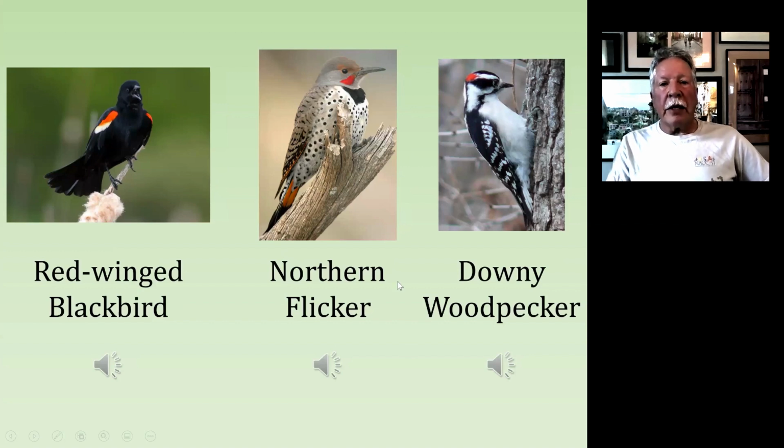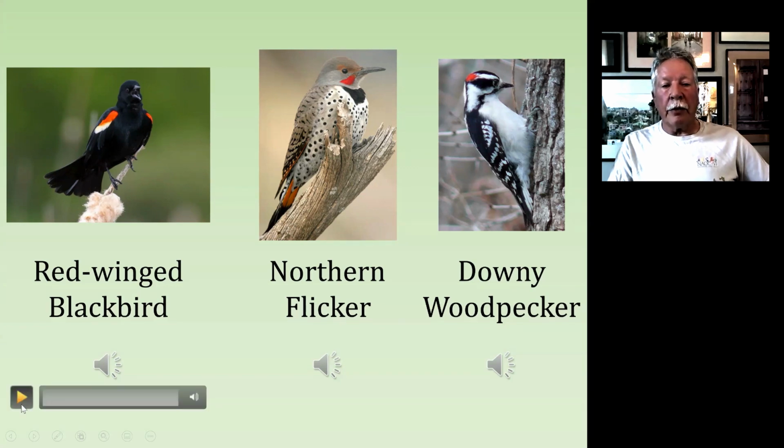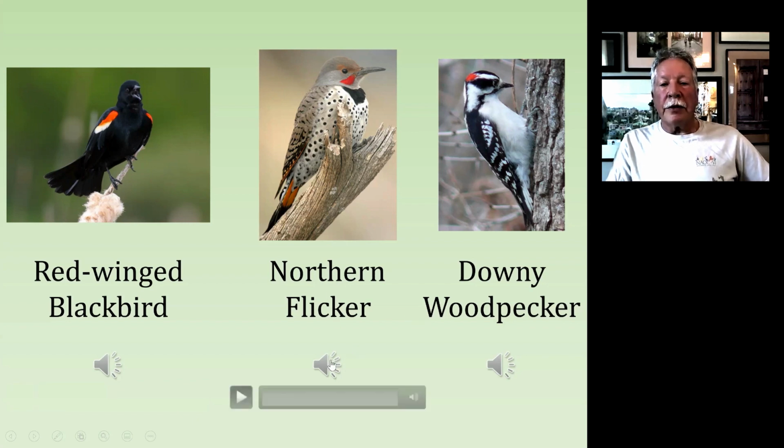Another set, and I'm bringing the flicker in again because another call is somewhat similar to one of the calls of the red-winged blackbird, which we'll play first. Next, the single call of the flicker.